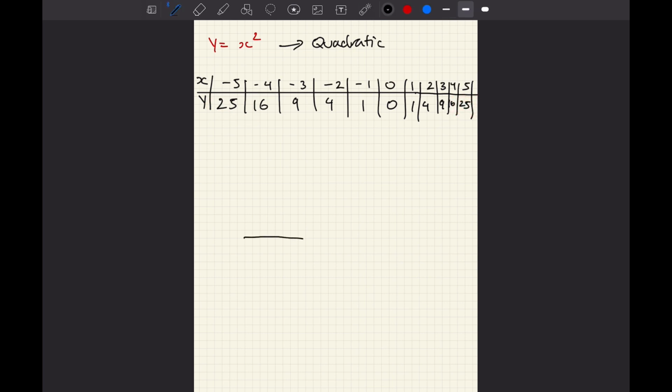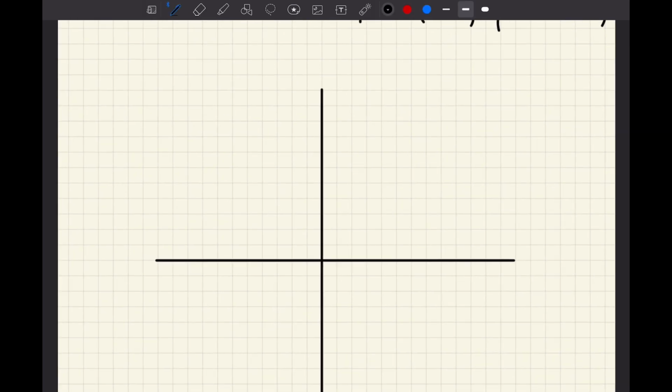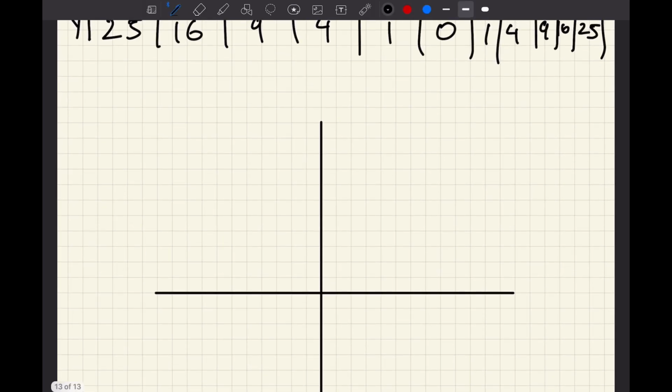Now, for this one, I'll plot a better graph. We need to go up to 25, so let's plot. Just missed out.